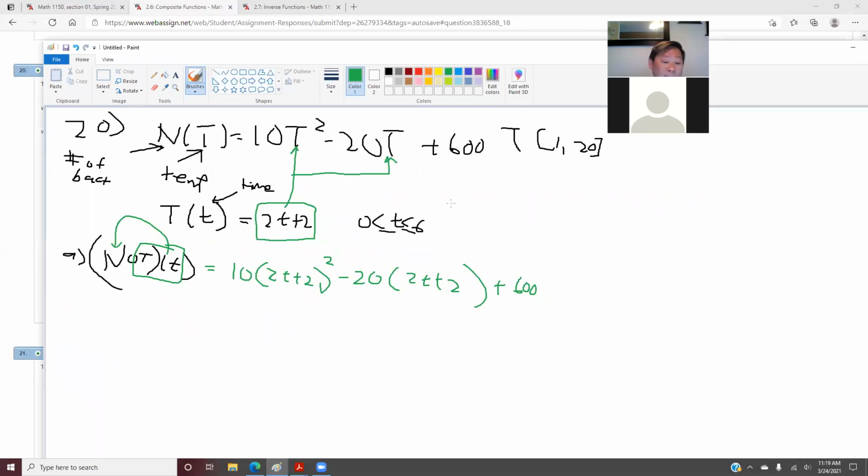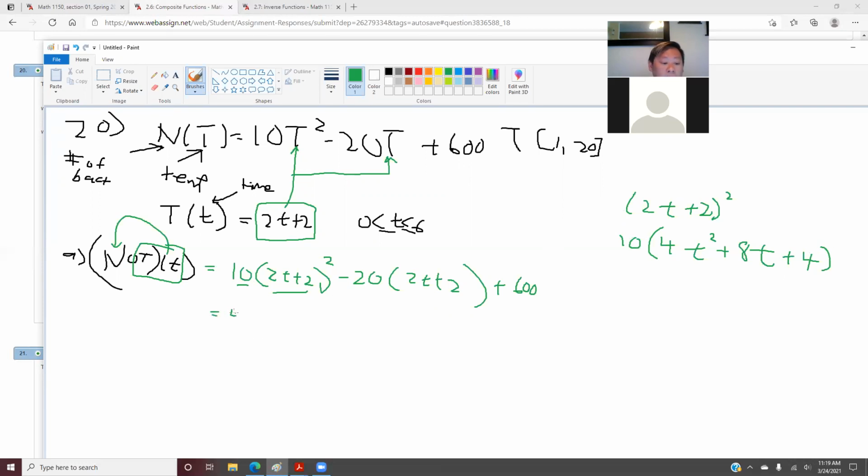Now you need to expand it, so you need to FOIL. What is 2t plus 2 squared? We need to do this one first. 4t squared plus 8t plus 4. Very good. And then you multiply this by 10. What do you get?